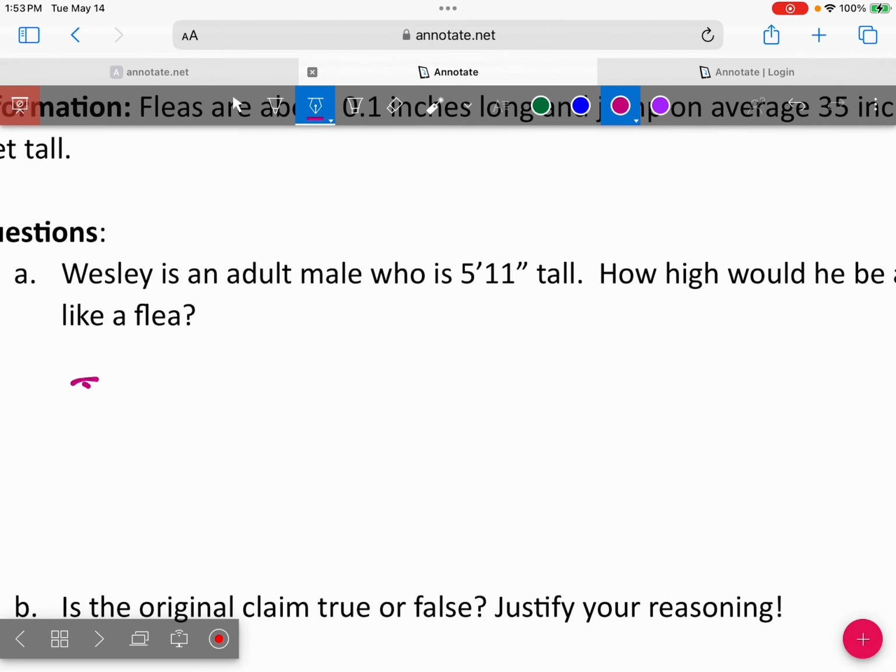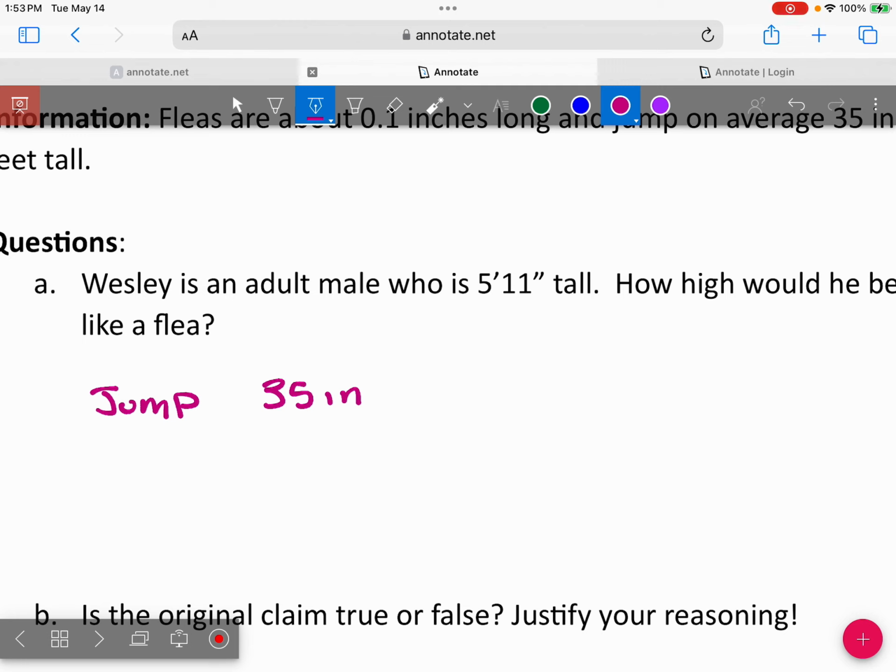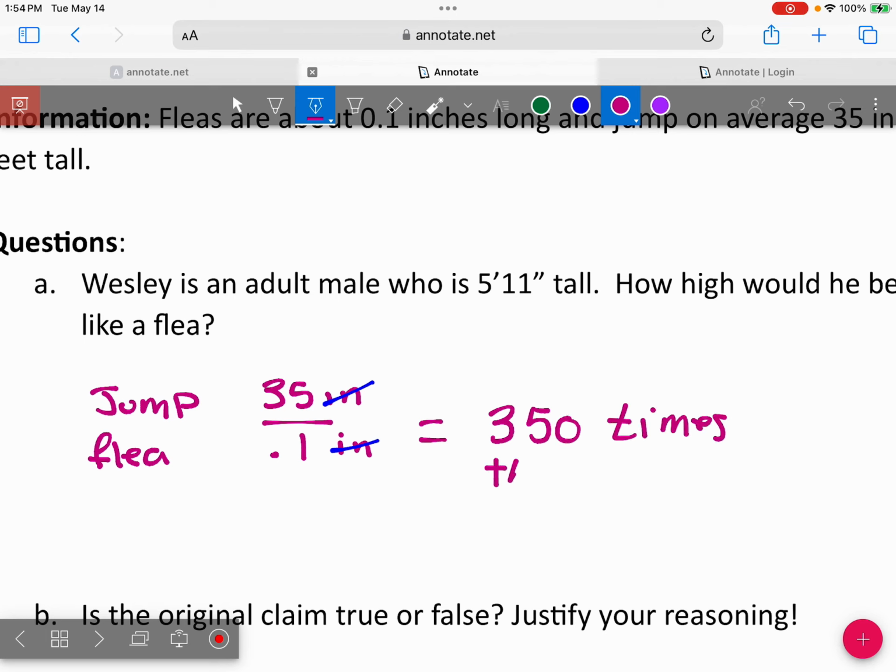My flea can jump 35 inches, and the flea is 0.1 inches, so at least they're in the same unit and the inches are going to cancel out. So fleas jump, if we simplify this, how much of their height? 350 times their height.